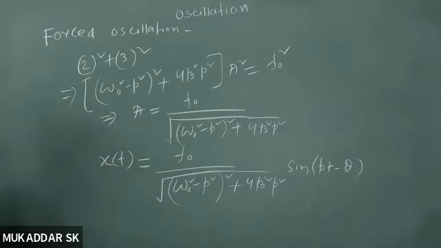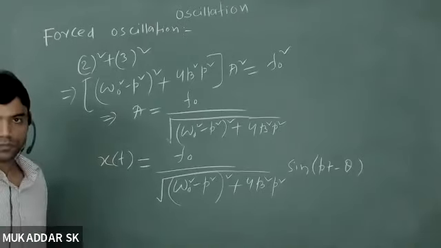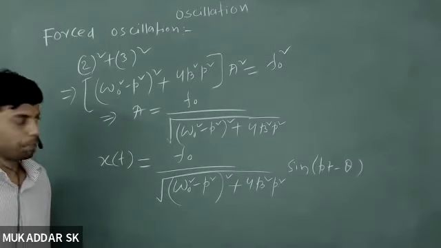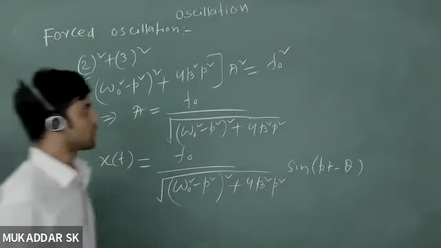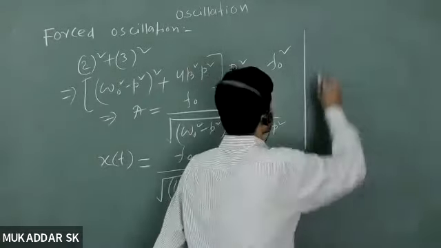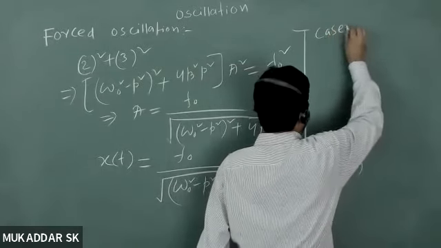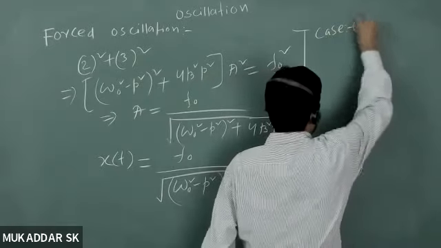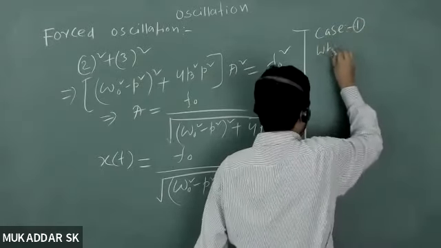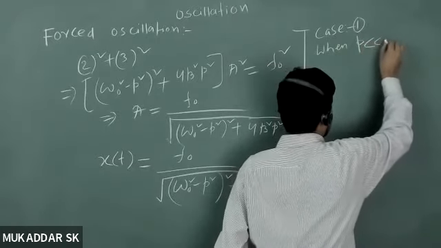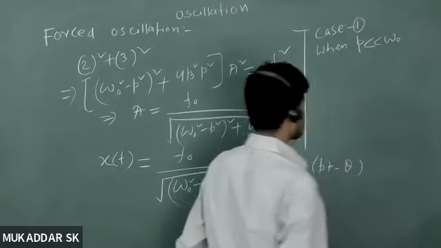Okay. Now I'll look at different possibilities. What will be the amplitude of oscillation when the driving frequency is low? What will be the amplitude of oscillation when the driving frequency is high? Okay. So first case, when the driving frequency p is much smaller than the natural frequency of oscillation.